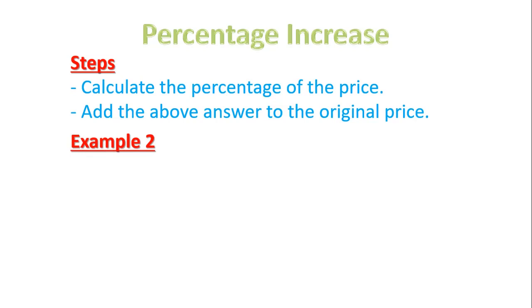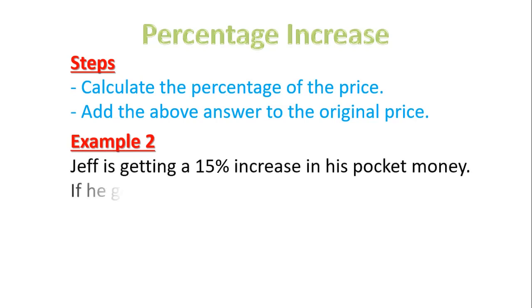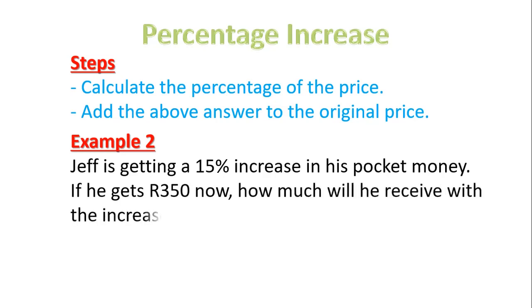Example 2, and this is a more real life example. So Jeff is getting a 15% increase in his pocket money. If he gets 350 Rand now, how much will he receive with the increase? So our first step, or our first part, we have to take 350 and we multiply it by 15%.